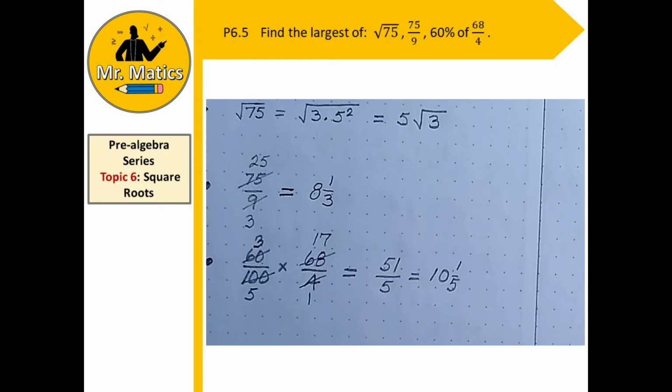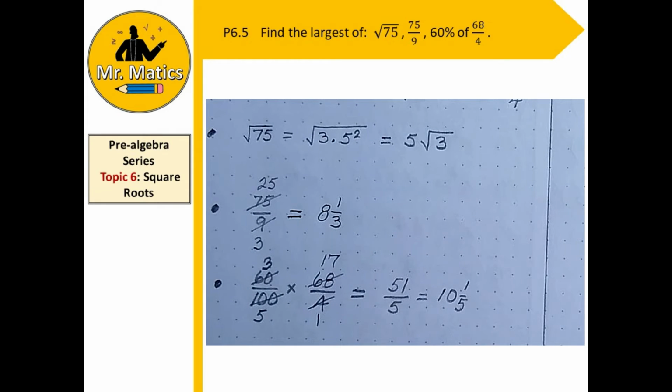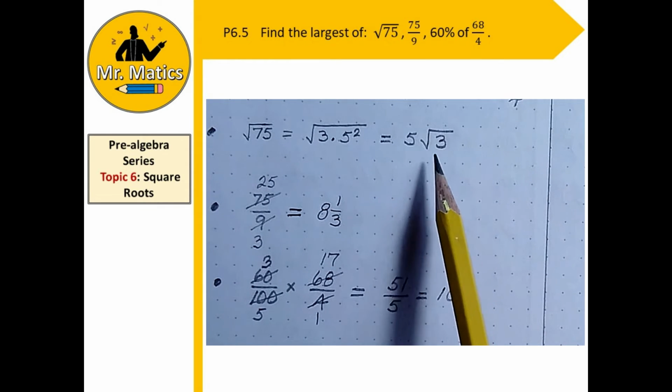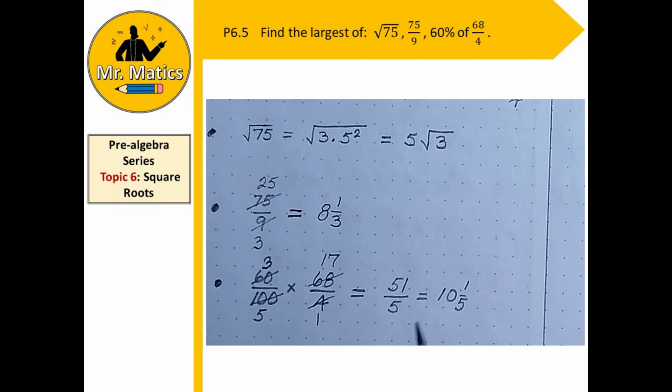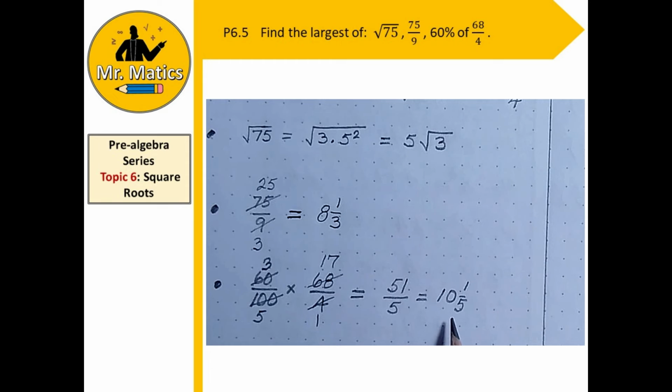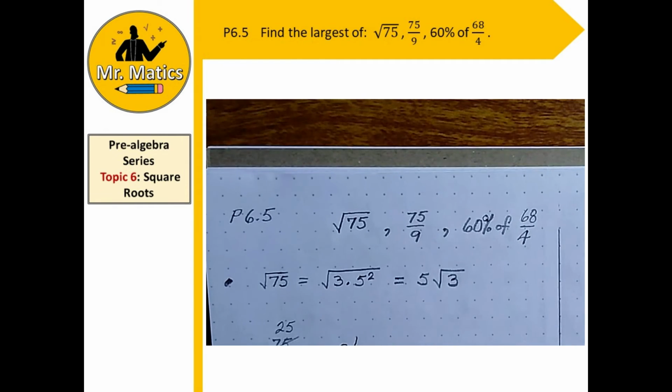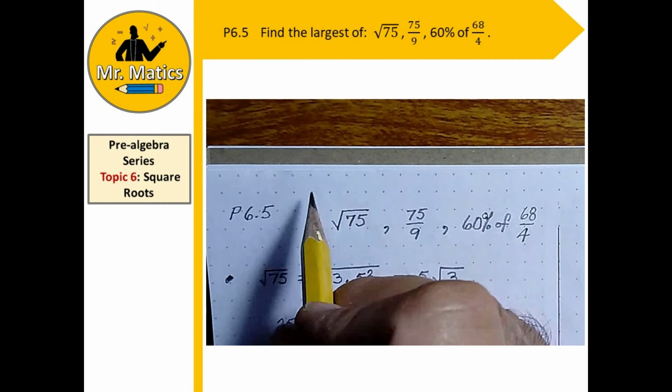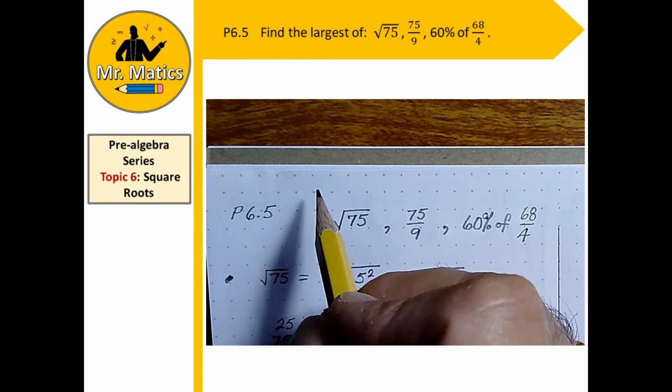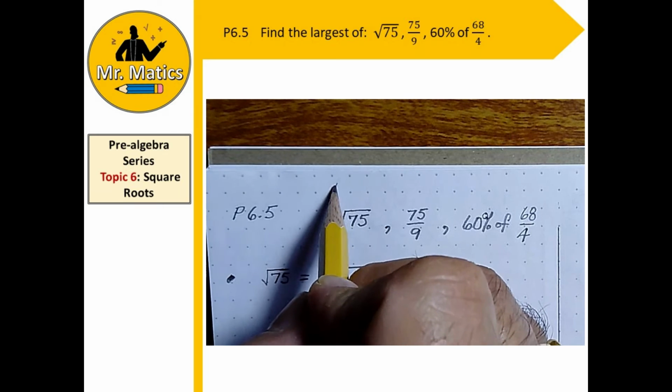So we have three numbers: 5√3, 8 and 1/3, and 10 and 1/5. And remember, we have to find the largest of these three. We don't have to order them from large to small, we just have to find the largest.